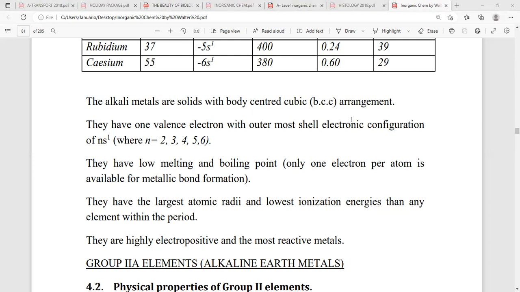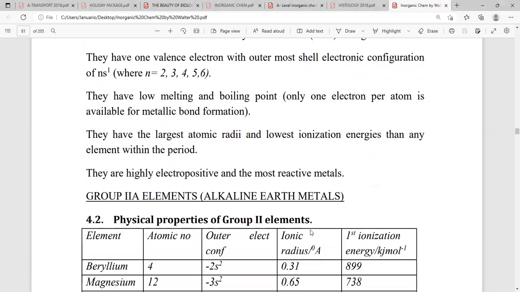You look at the diagonal relationship, the characteristics or the properties where lithium is resembling magnesium. So the highly electropositive and most reactive metals, those are the elements of group 1.